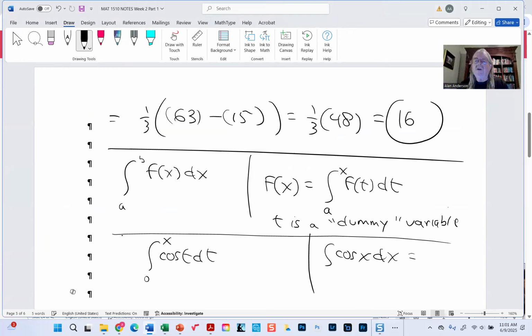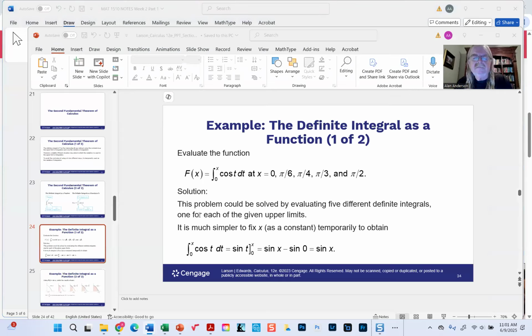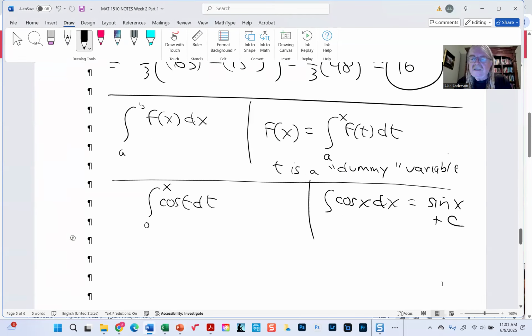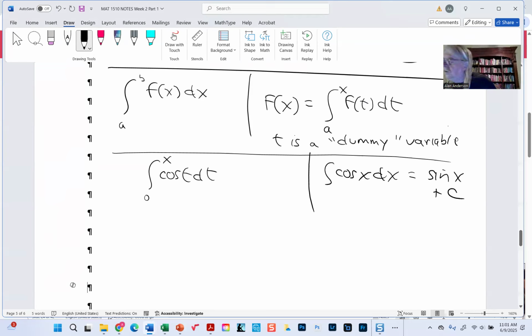Now, just as a reminder, the derivative of the sine is the cosine, which means the integral of the cosine must be the sine. Okay? But because this is considered to be a definite integral, we do not need the constant of integration. The rules are exactly the same as what we used before with the first fundamental theorem of calculus.